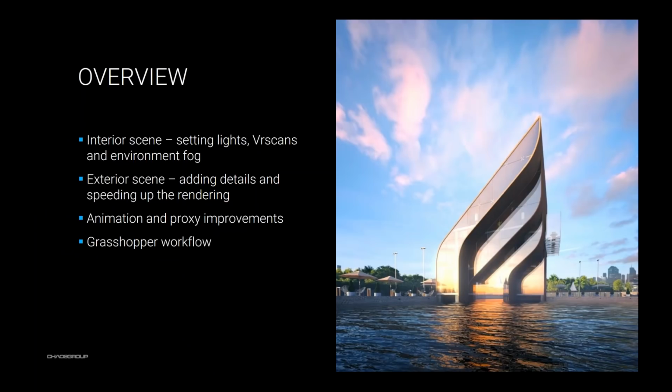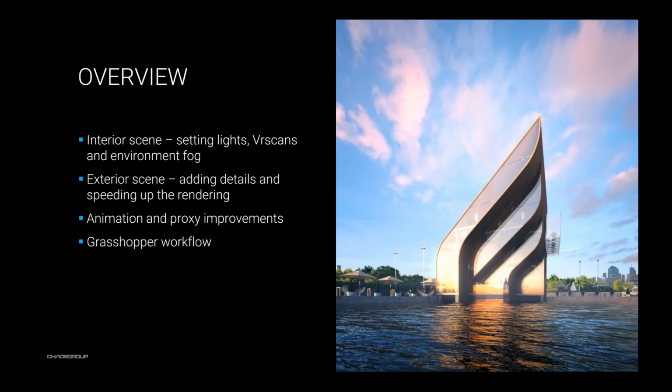So here's a quick overview of what we are going to cover today. First, in the interior scene, I'm going to explain what changes we have made to the user interface. After that, I'm going to show you how to work with light instances, a new feature that we have. I'm going to add a couple of VRscans materials to the scene, and after that, show you how to create the so-called godrays effect using the new environment fog.